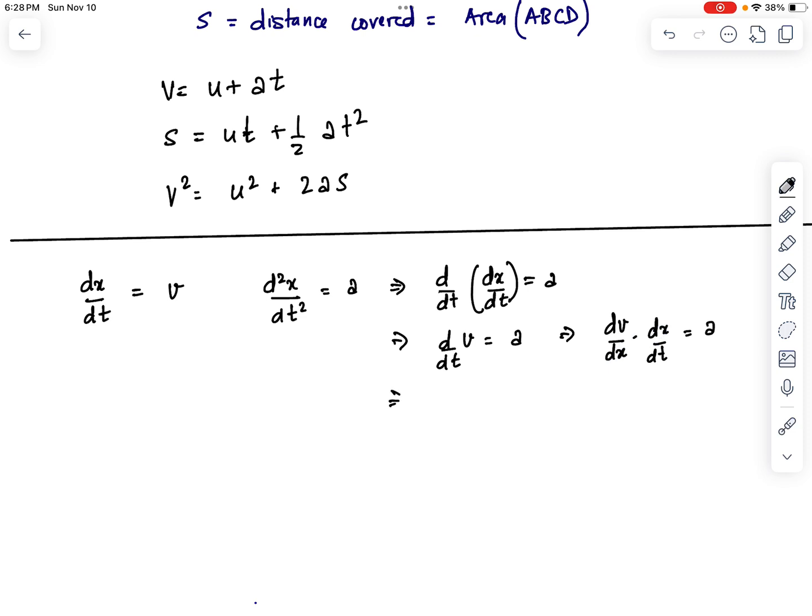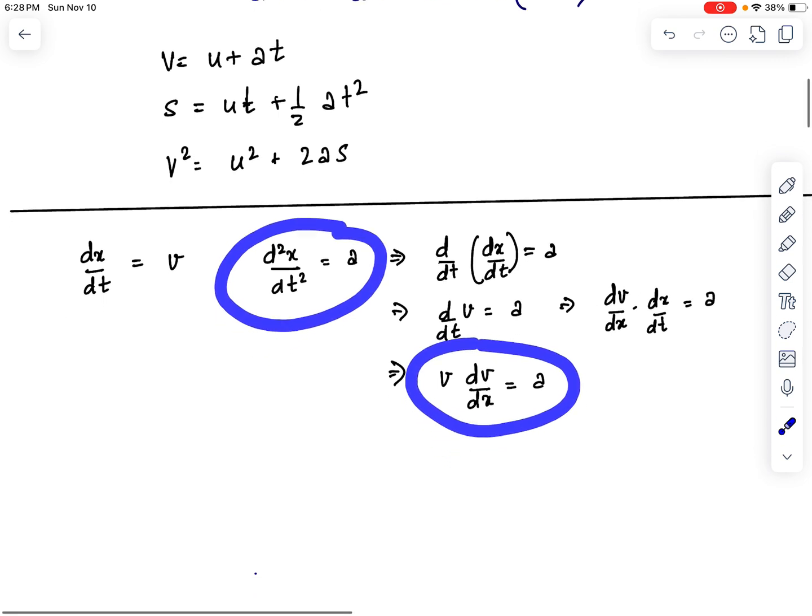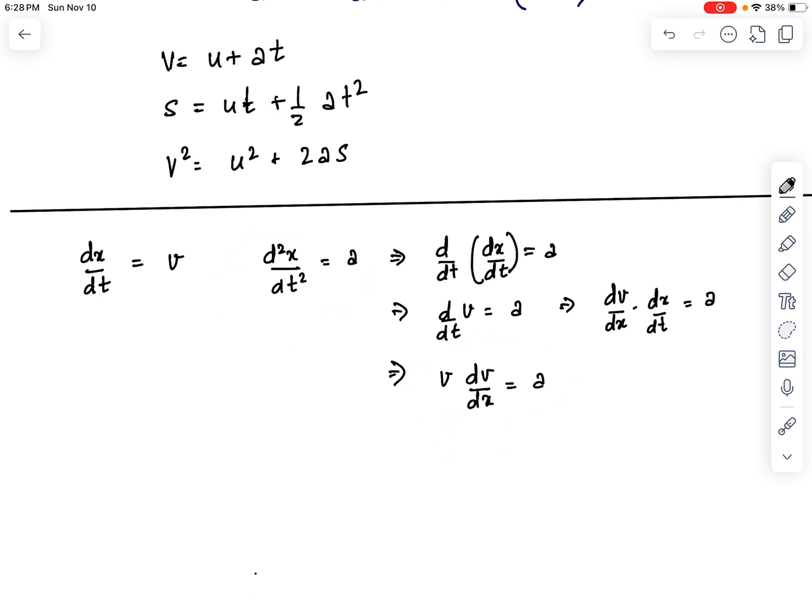We know that dx/dt is nothing but v, so we can write this expression as v dv/dx equals a. So these are the 2 ways of representing acceleration. One is this way, the other is this way. Let's take the second method and use that for our purposes.